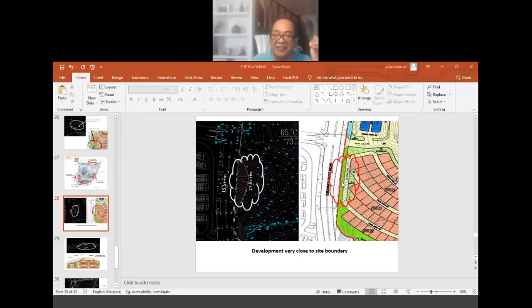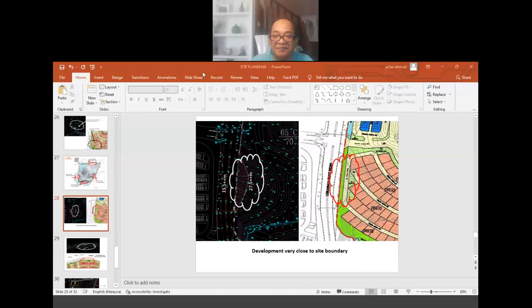This is indicated here because the levels differ so much, and we have all these roads located very close to the boundary. So we can't have what is termed a natural slope.